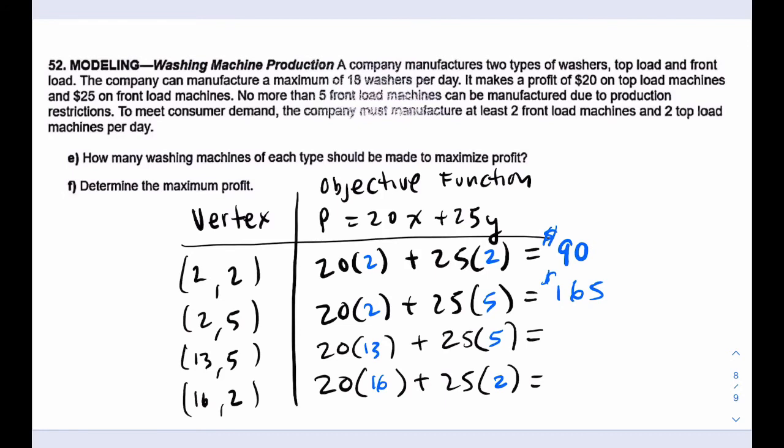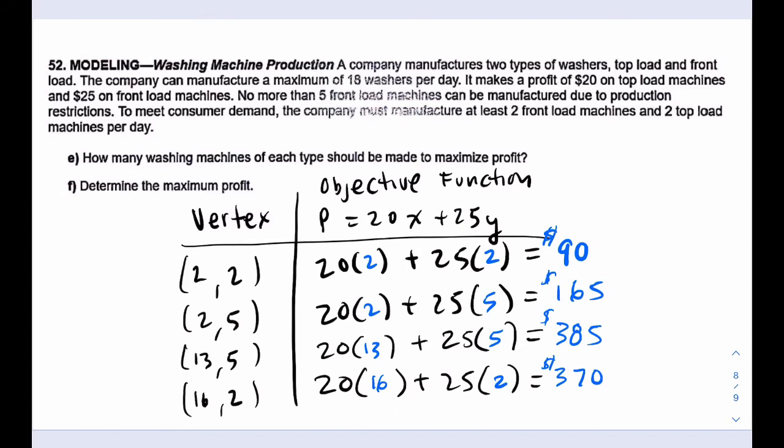And then times 10 is 260. 260 plus 125, right? So that's 385. And then next we have 20 times 16. So that's going to be 2 times 16, which is 32, times 10 is 320. Right, so we've got 320 plus 50 is 370.